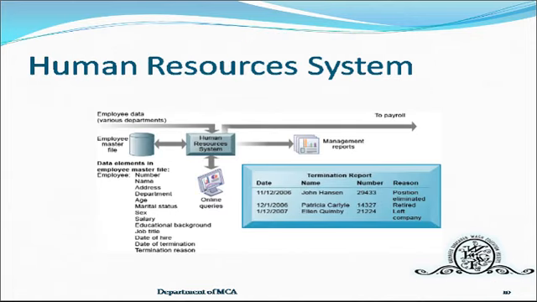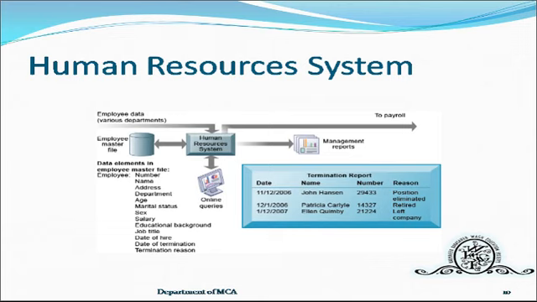Now, next system from the functional perspective is human resource system. This human resource function is responsible for attracting, developing and maintaining the firm's workforce. Human resource information systems support activities such as identifying potential employees, maintaining complete records on existing employees, creating programs to develop employees' talent and skills.